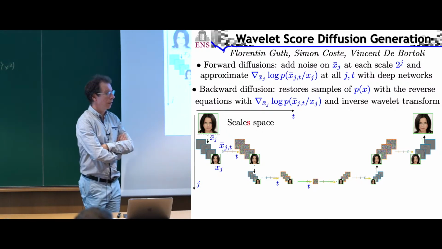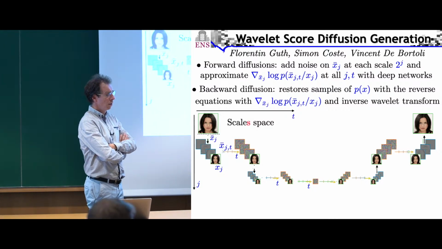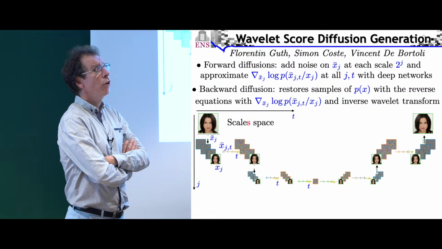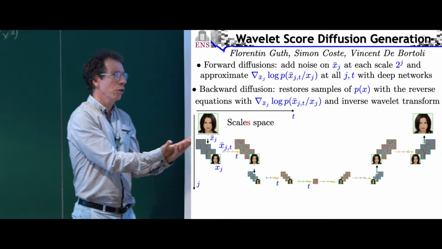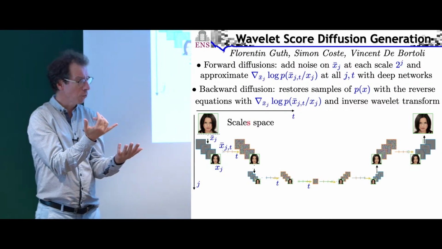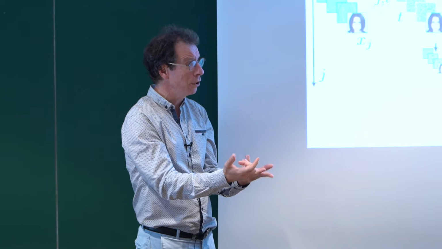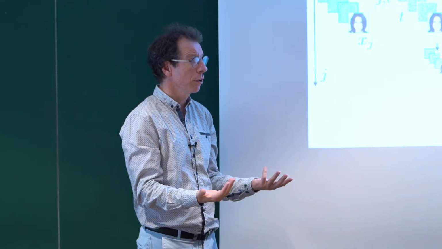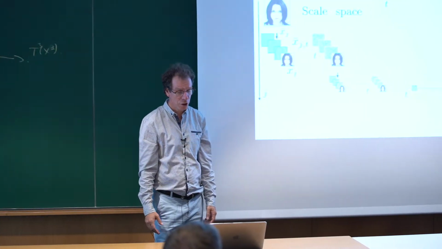So in this problem or in the physics one, do you have a way to quantify how good you were in generating the field? Yes, in the physics one, what we did is use the classical tools in physics to evaluate the quality: bispectrum, trispectrum, so second, third, fourth order moments or structure functions. And we showed that we are matching all these moments. That's a paper that we're finishing.